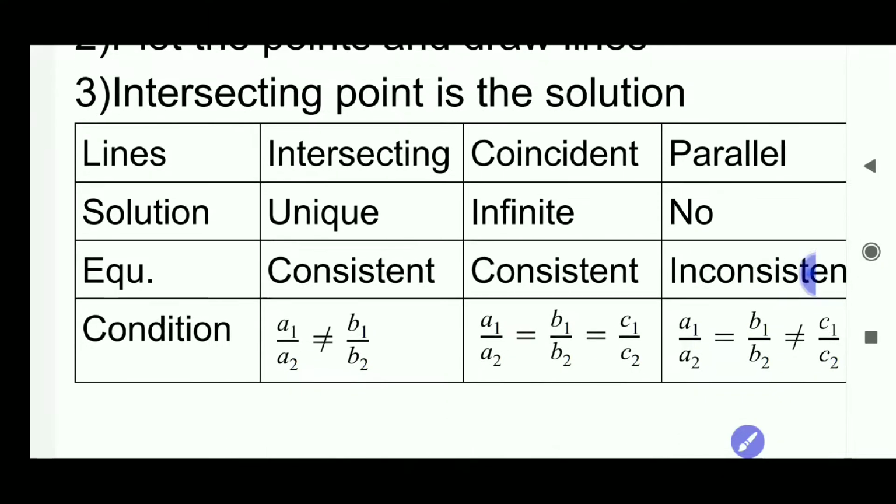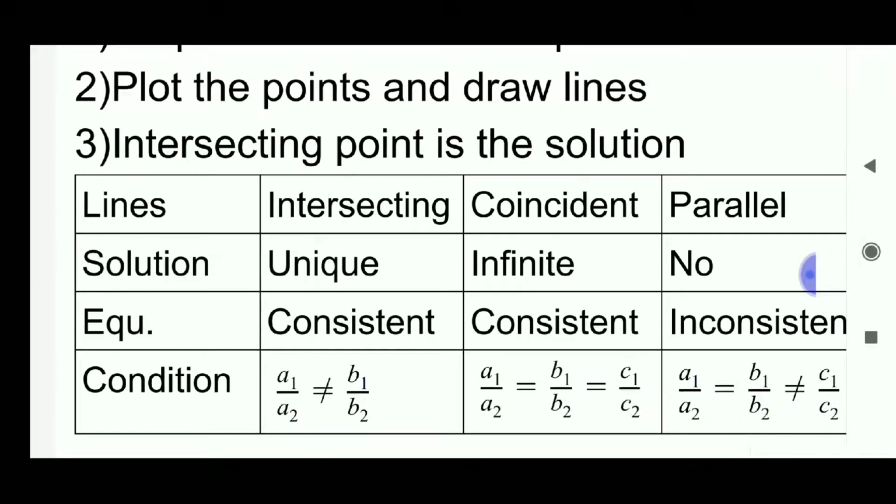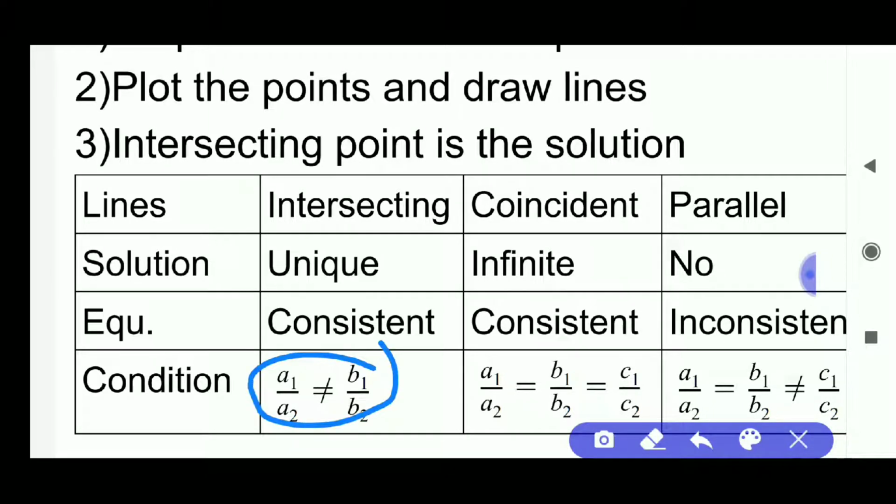Let us recall once again the previously learned things. When the condition is a1 by a2 not equal to b1 by b2, then the lines are intersecting and the solution is unique, and the equations are said to be consistent. When the condition is a1 by a2 is equal to b1 by b2 is equal to c1 by c2, then the lines are coincident and the solution is infinite.